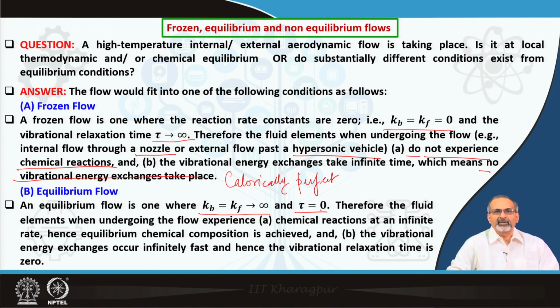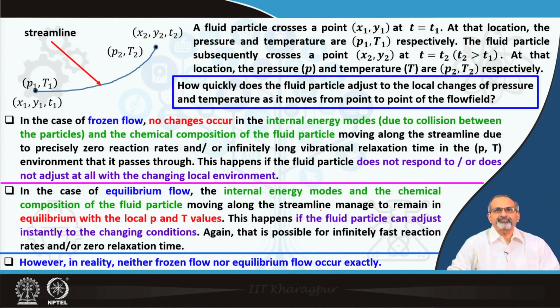Therefore, when the fluid elements undergo this flow, they experience chemical reactions at an infinite rate, and hence equilibrium chemical composition is achieved at any location of the flow at any point of time. The vibrational energy exchanges also occur infinitely fast, and therefore, the vibrational equilibrium is also reached simultaneously.